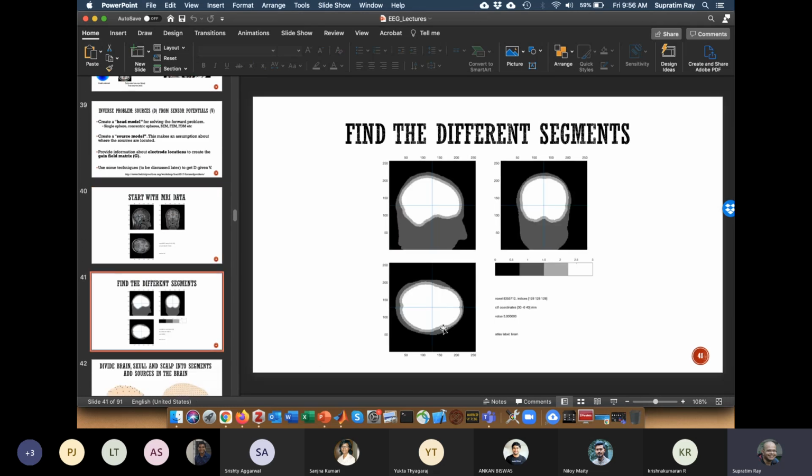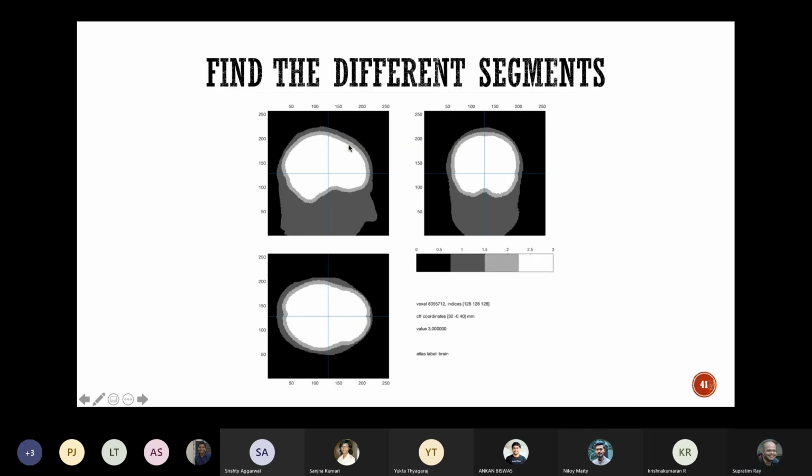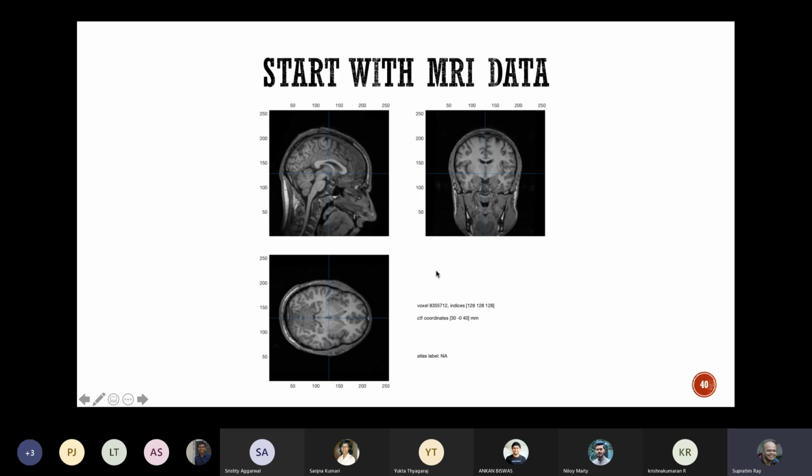Then you find the different segments, and this is some parcellation algorithm that is used. So this algorithm now has found the brain here, and then the bone and the scalp. Okay, so those are the different models that you are going to use. And the FieldTrip algorithm provides the details. So I really encourage you to go through this.